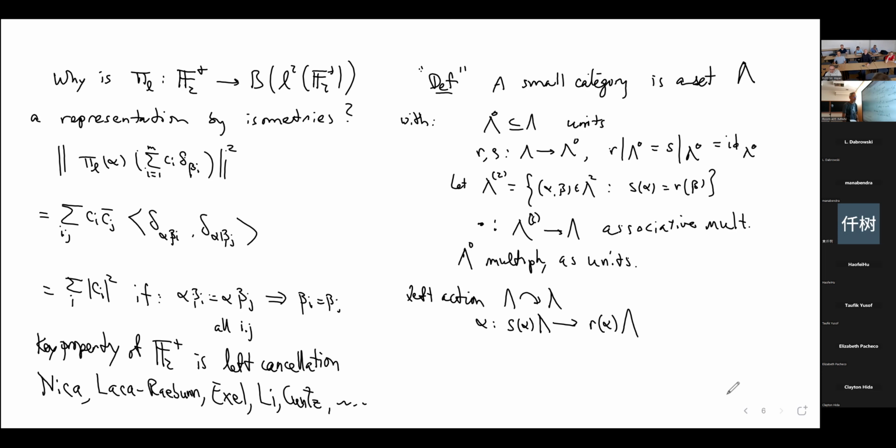We're sticking alpha in front. And these maps are one-to-one if and only if lambda is left cancellative.